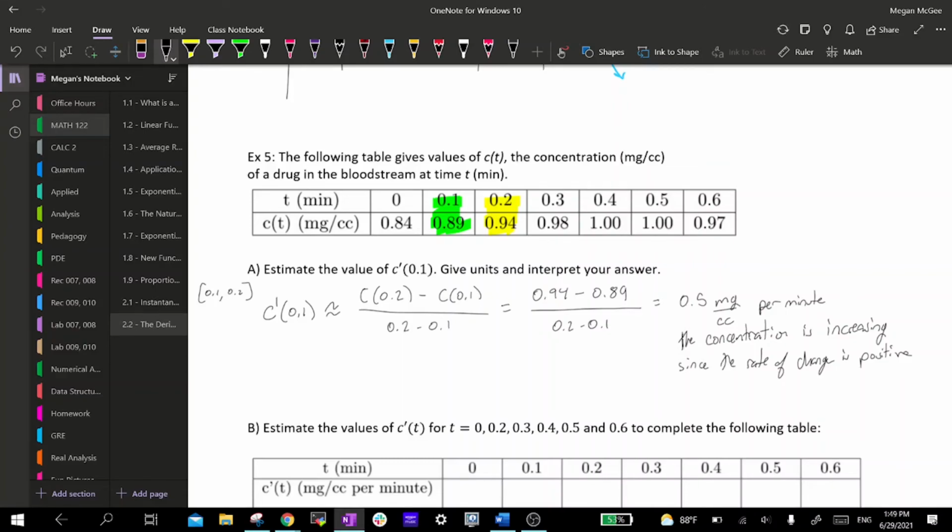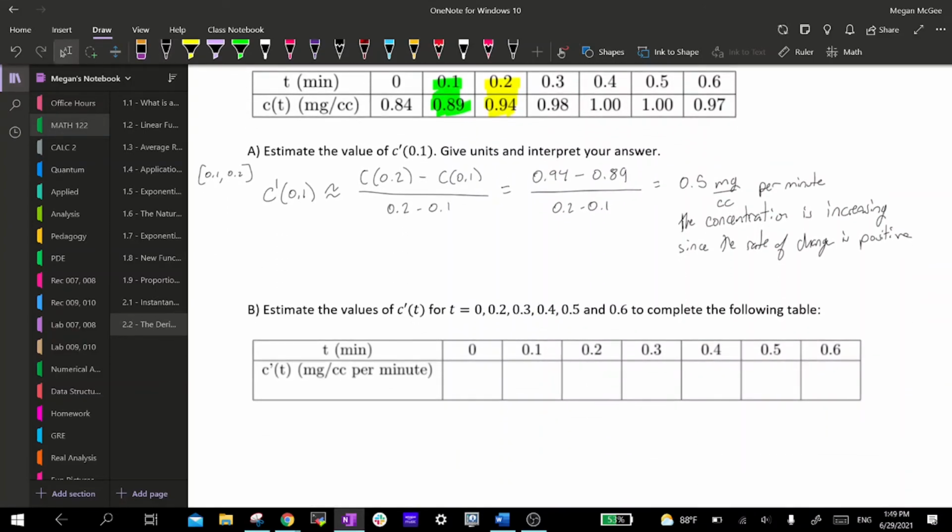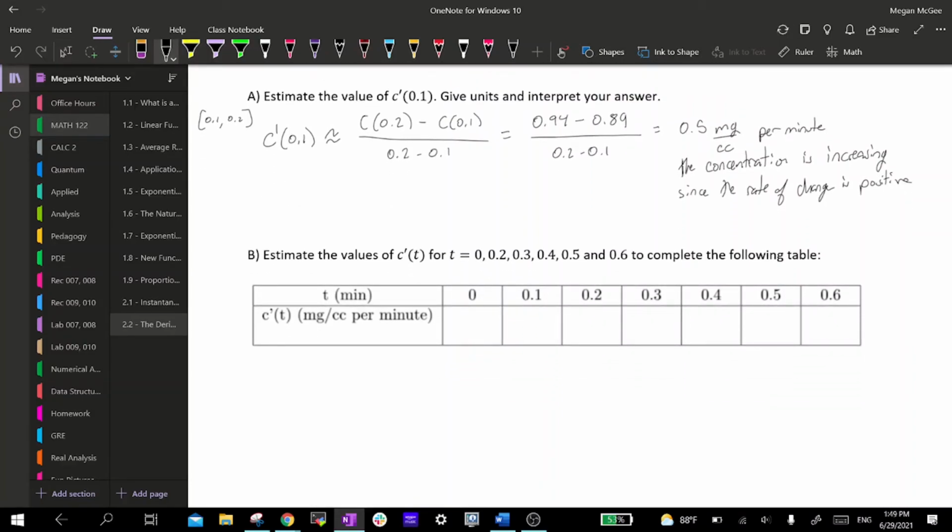Part B asks us to estimate the rest of the values, so we can just fill in this table. Okay, so I'm going to do one more calculation and then I'll let you fill in the rest while I just fill in the blanks in the table. All right, so I'll estimate the derivative at 0.2.